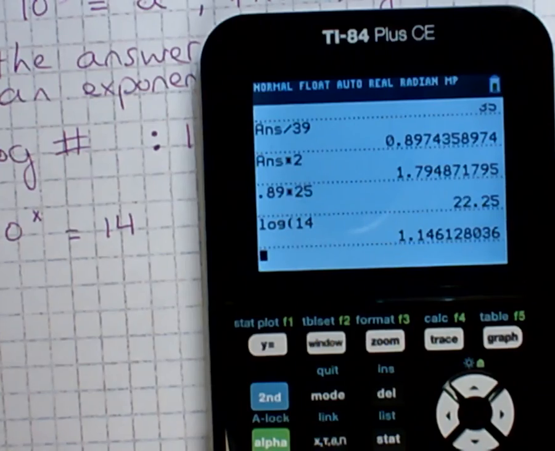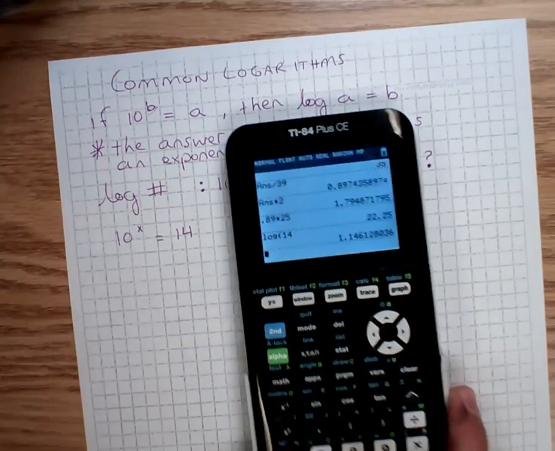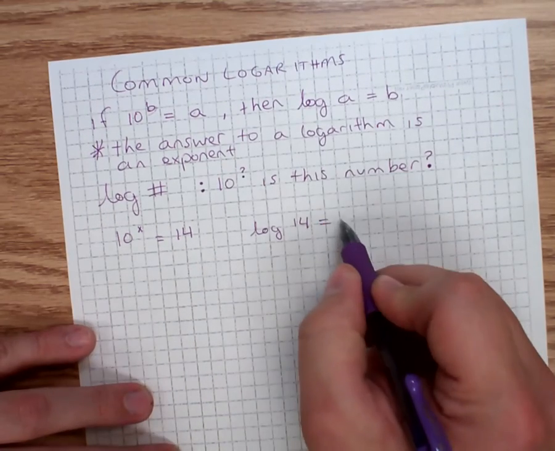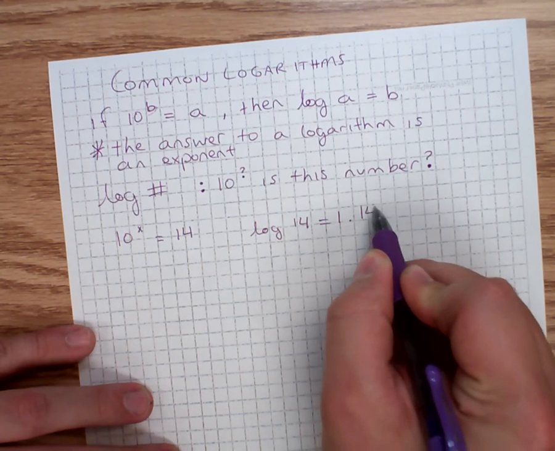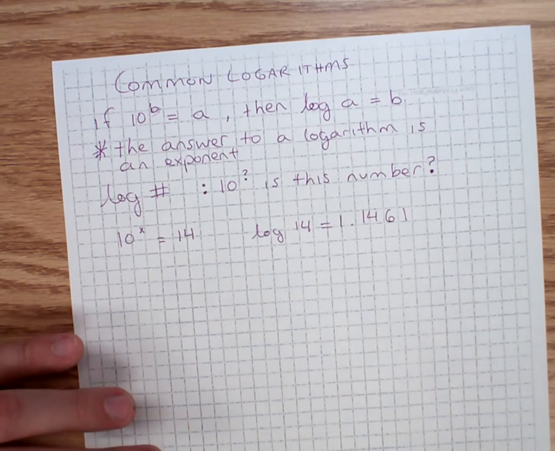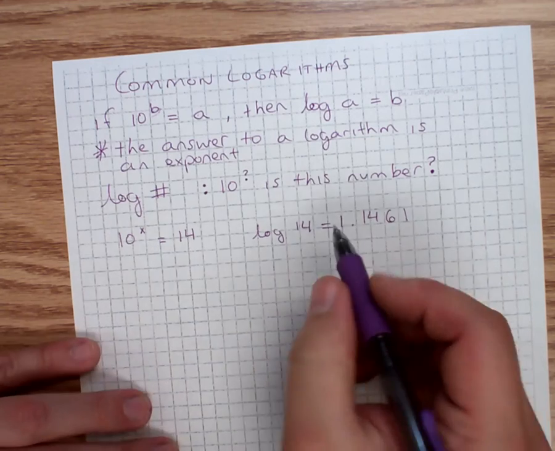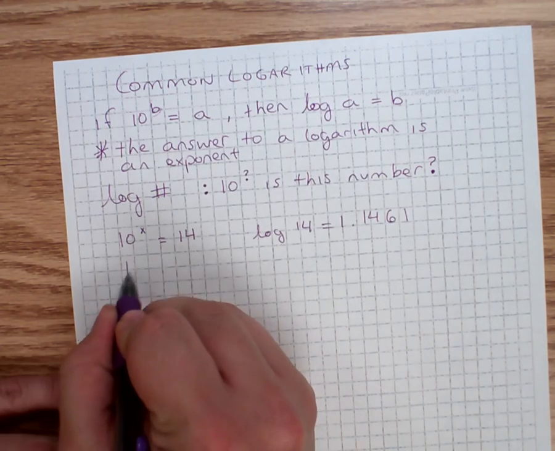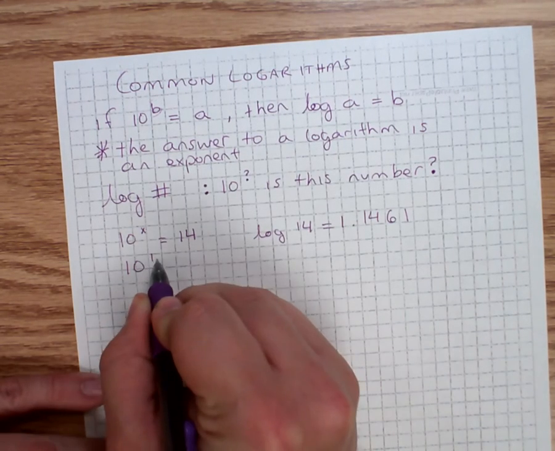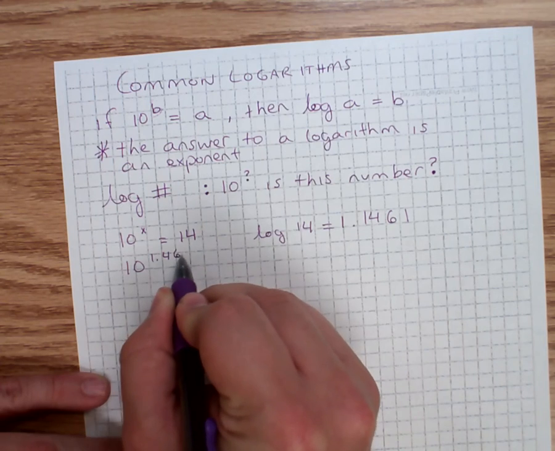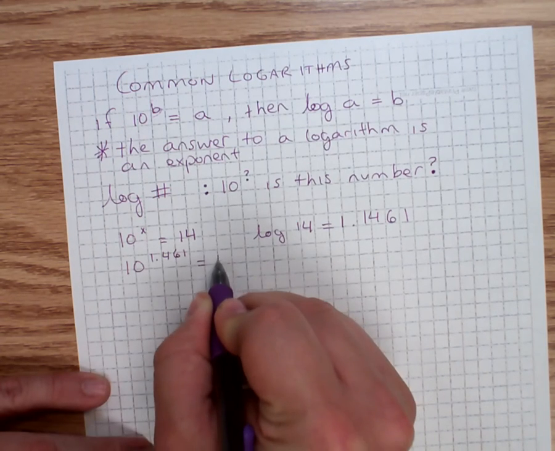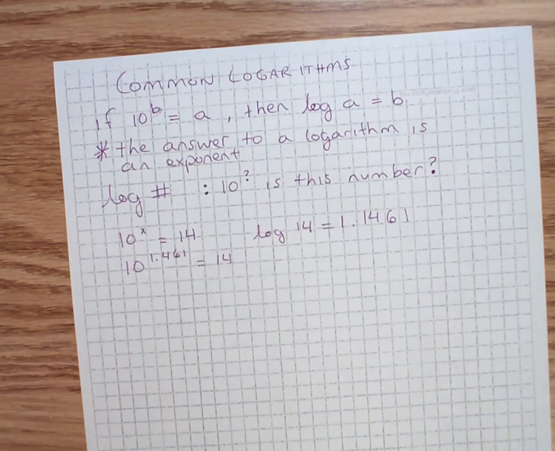Log of 14 equals 1.1461. All right, so let's say I had to phrase this differently. Well, that means 10 to the 1.1461 equals 14. Again, focusing on the computational aspect.